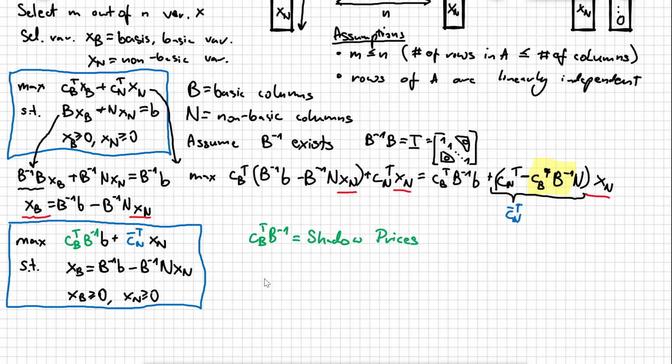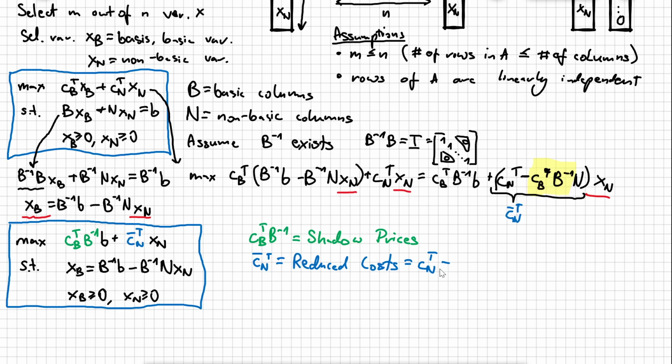And what is this cn bar transposed? These are actually reduced costs, right? Why are they called reduced costs? Because we take original cost coefficients and we reduce them by the values related to shadow prices.